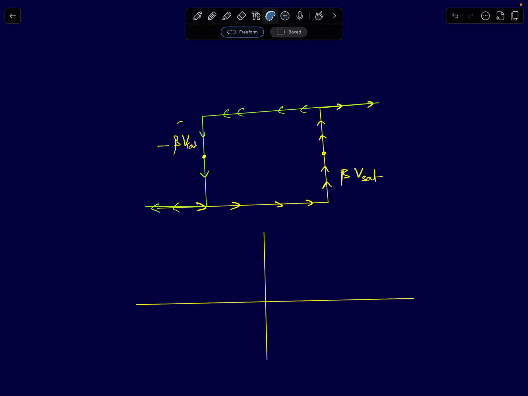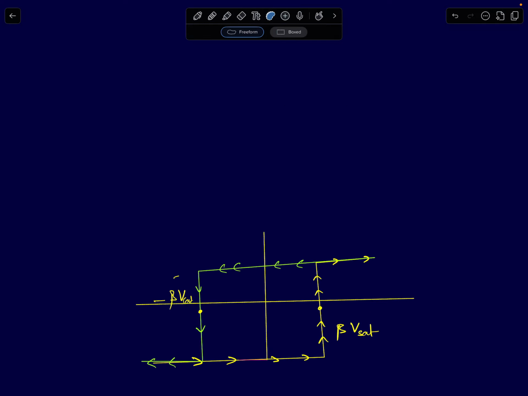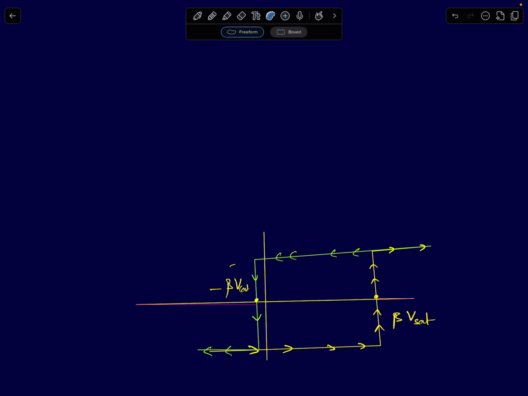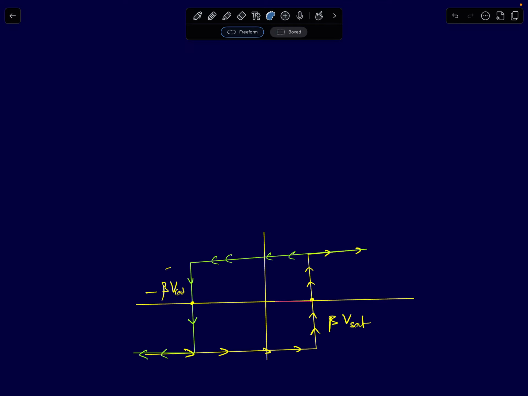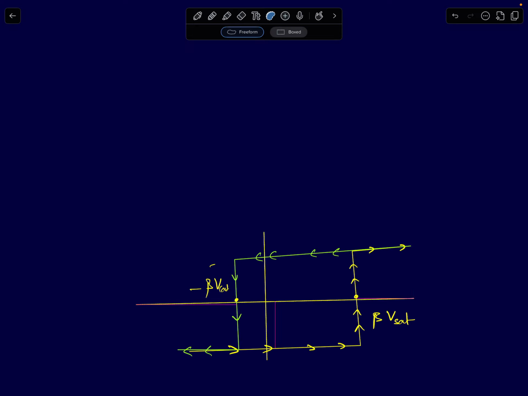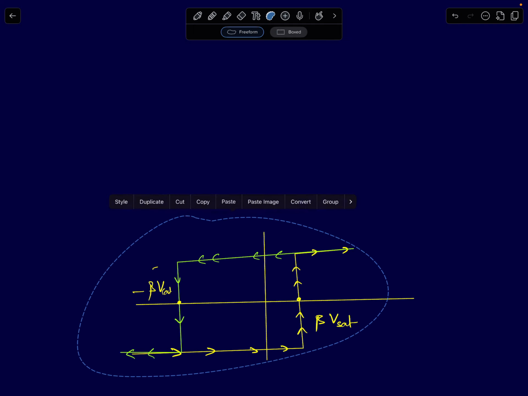Assume that initially it was symmetric. If I can shift it in this direction or this direction by some fixed constant number, then I can achieve asymmetric thresholds.